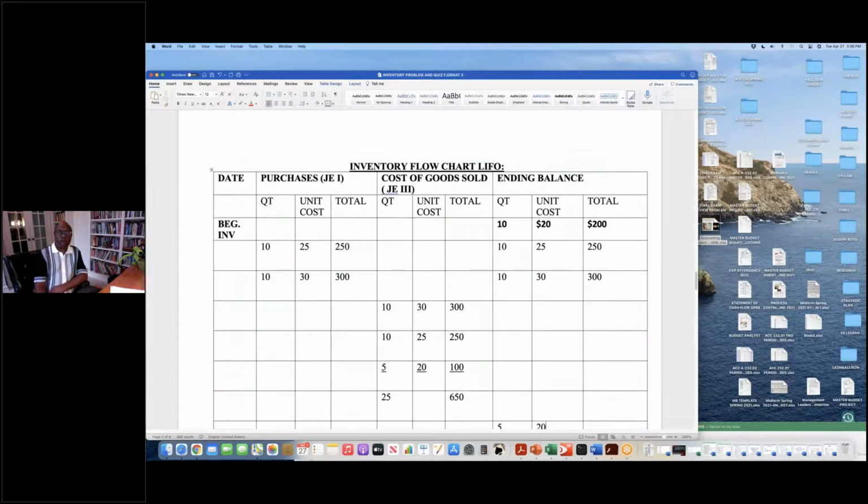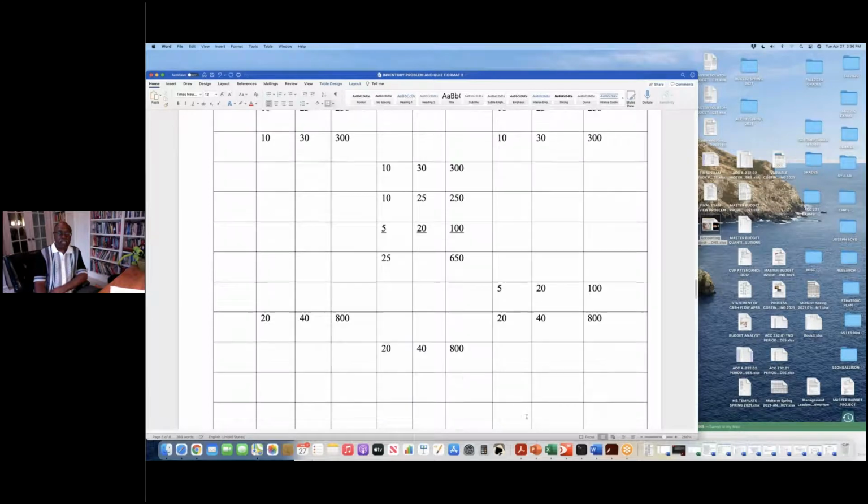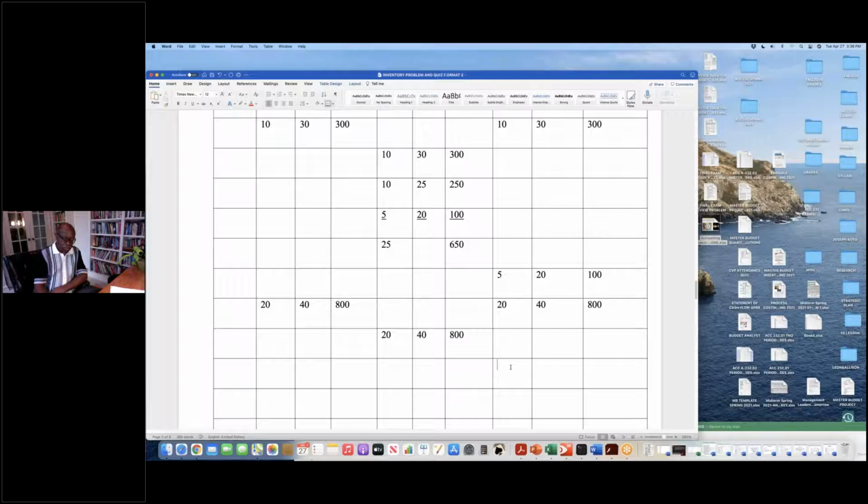So now when we sell 20, what are we going to do? We're going to sell the last ones we bought. And those 5, those old ones are going to still be there. So that's what begins to happen. The older costs just continue to stay there because we're using the newer costs.